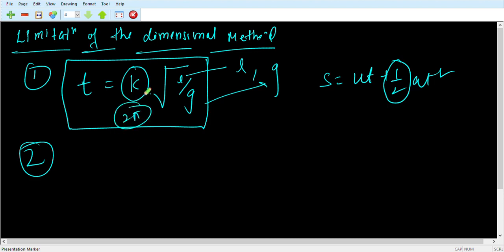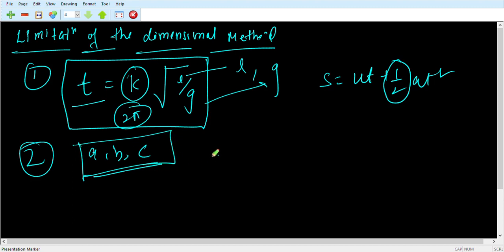But with the dimensional method, you will not get the constant value because dimension does not take care of the constant. And third, it generates a lot of variables. In the previous case of the time period, the variables were a, b, c. To find the values of a, b, c, you need three equations.